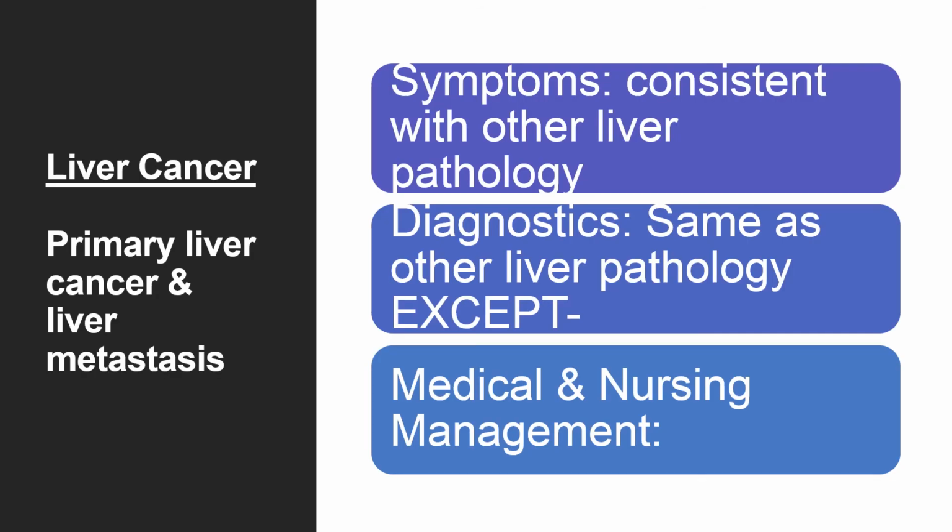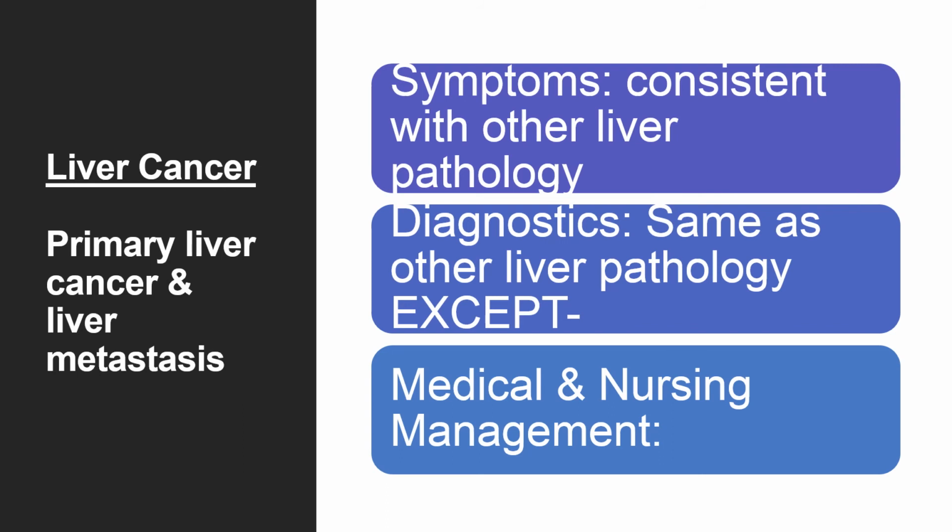Let's talk about liver cancer. You can have primary liver cancer or liver metastasis. The difference is that with primary liver cancer, that's where the tumor begins in the liver.